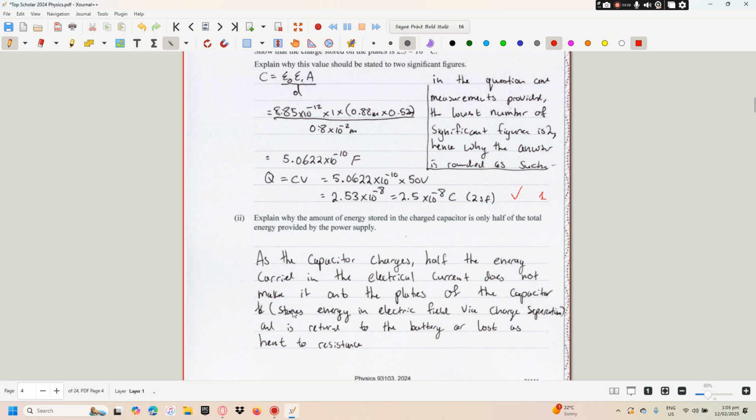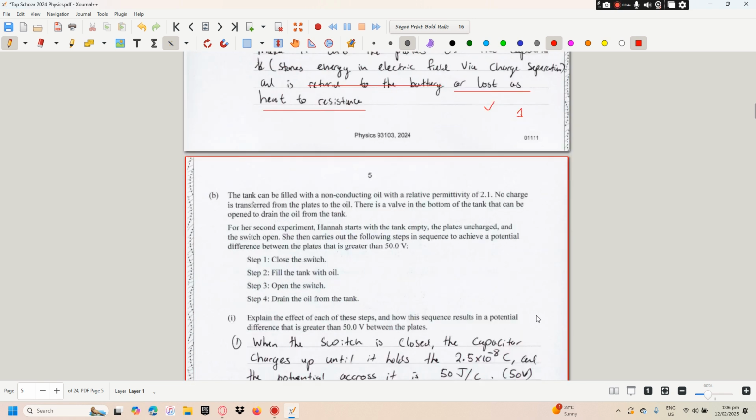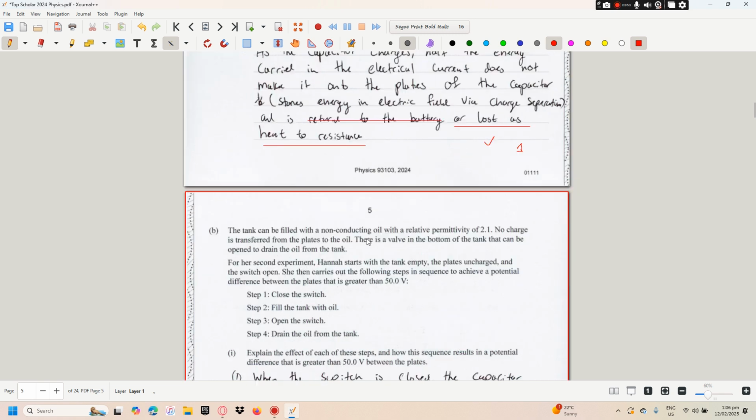The capacitor does store energy in electric field via charge separation, and the rest is returned to the battery or lost as heat to resistance. I don't know if this is correct here. It might be wrong. I think that is the correct thing. But that's probably worth a mark again. Yeah, so you never actually had to say why, you just had to explain, sort of, that it does.